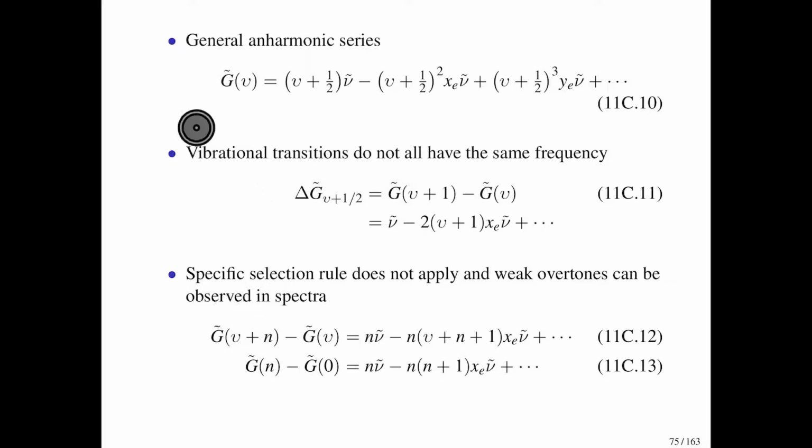You can work out from the terms what those transitions would be. By far the most important ones are the overtones from the ground vibrational state, since it has the largest population, to higher excited states, so n would be 2, 3, 4, etc. And this would be the formula that you would use to calculate those transition frequencies.